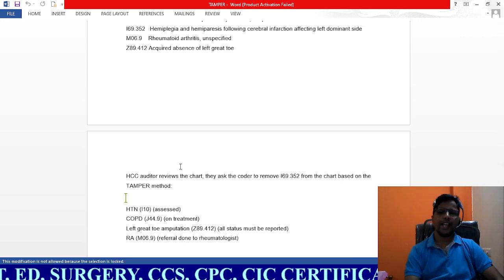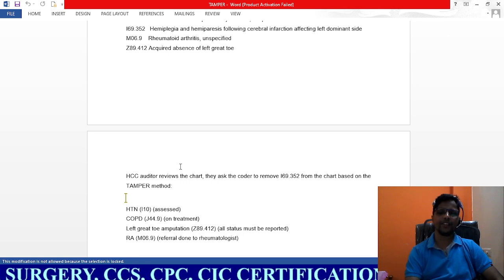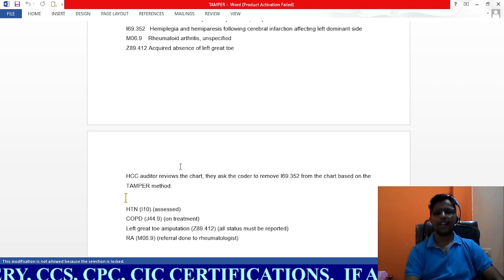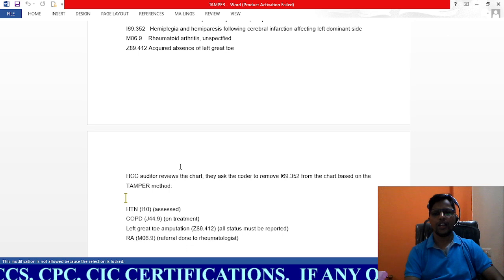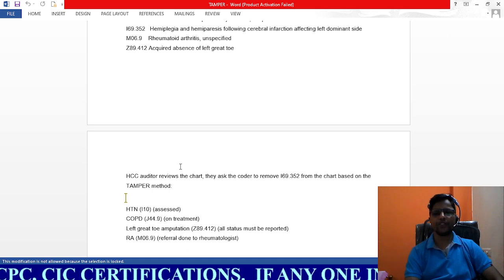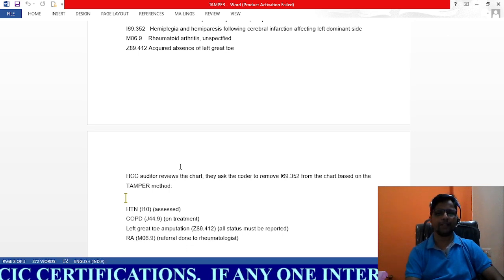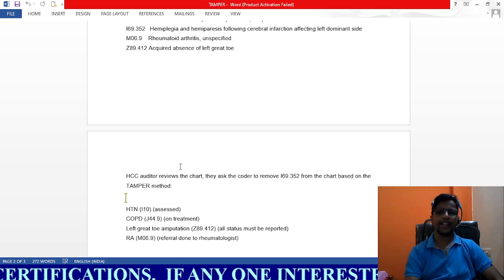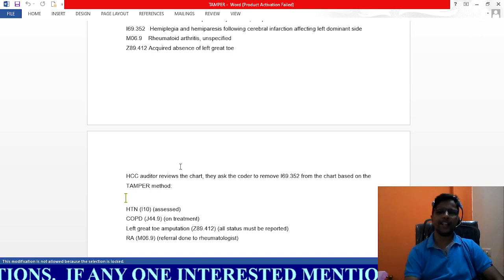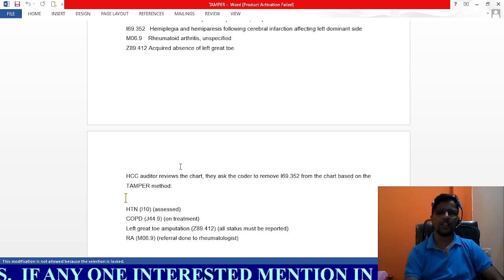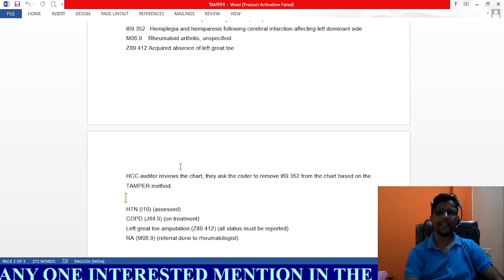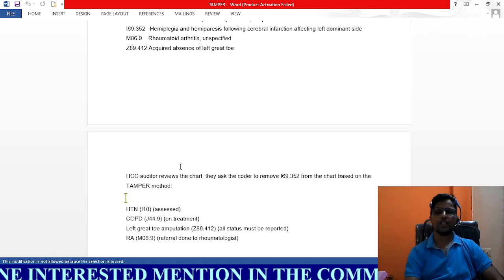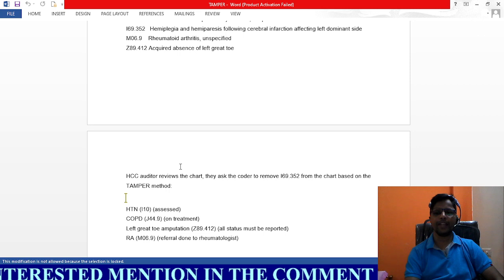But as the HCC auditor reviewed the chart, they asked the coder to remove I69.352 from the chart based on the TAMPER method. Basically, the patient had left-sided weakness in 2004, not currently. So the HCC auditor asked the coder to remove I69.352.